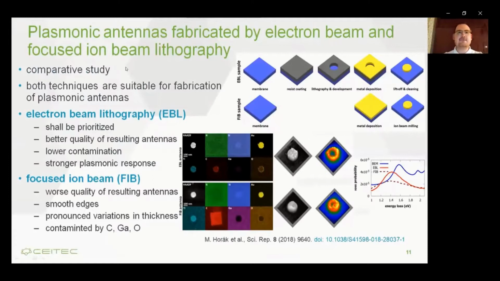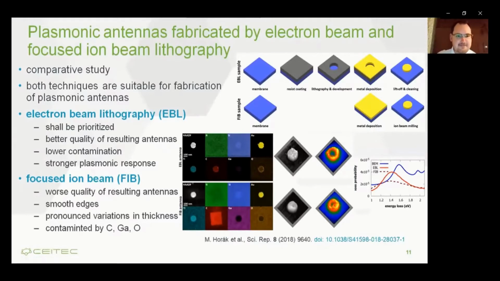We found out that both techniques are suitable for fabrication of plasmonic antennas, but we have to say that electron beam lithography should be prioritized as the quality of resulting antennas is better, meaning that they have lower contamination and stronger plasmonic response.